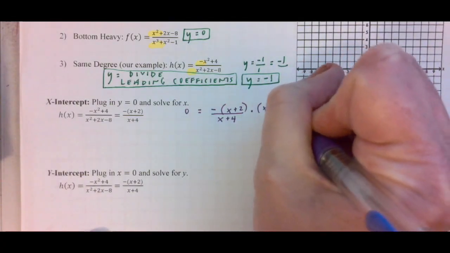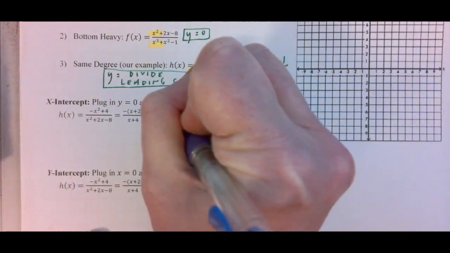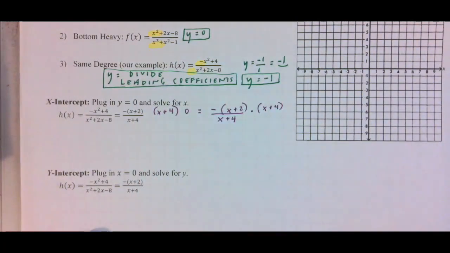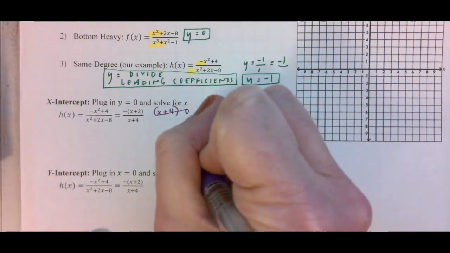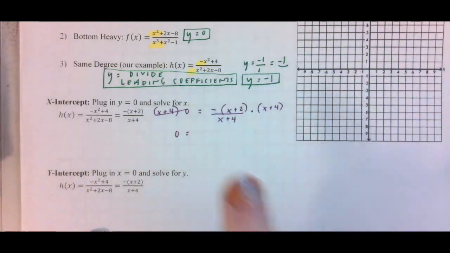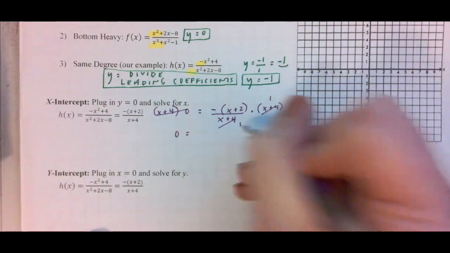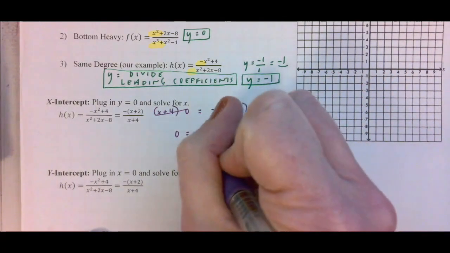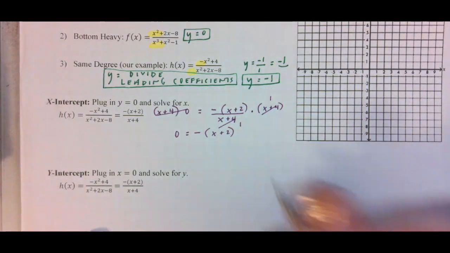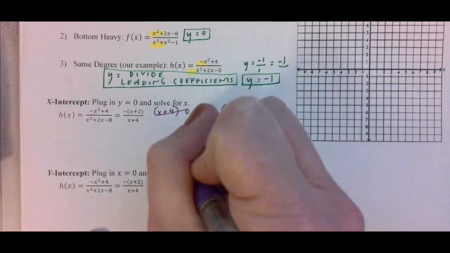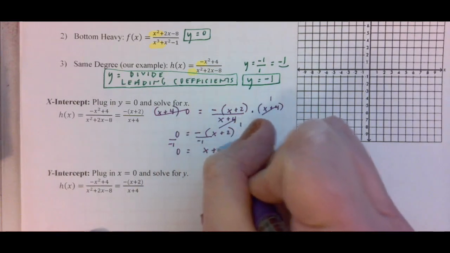I multiply each side of my equation by x plus 4. So what happens on the left-hand side? I'm multiplying by 0, so this whole side becomes 0. And over here, those x plus 4s cancel away 1 to 1. So I'm left with -1 times x plus 2, like that. And if I divide away the -1, I have 0 equals x plus 2.